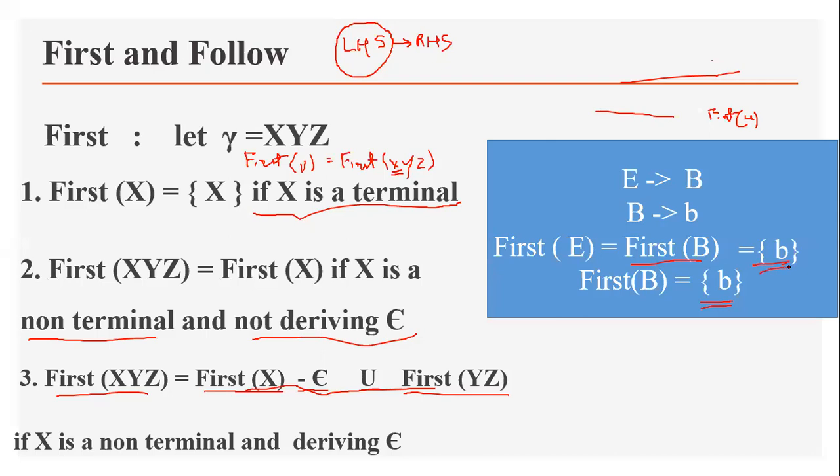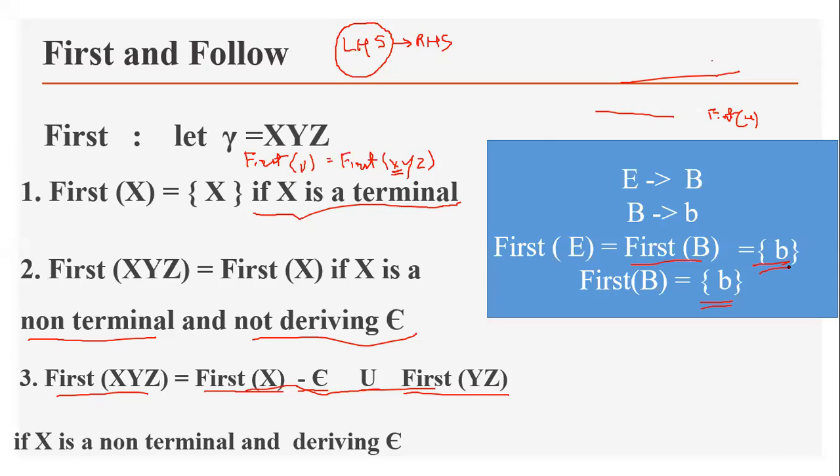When it is a non-terminal, you have to keep finding, because finally we want the answer to be in terms of terminals. For each first of the LHS side, you have to find the terminals as the answer.